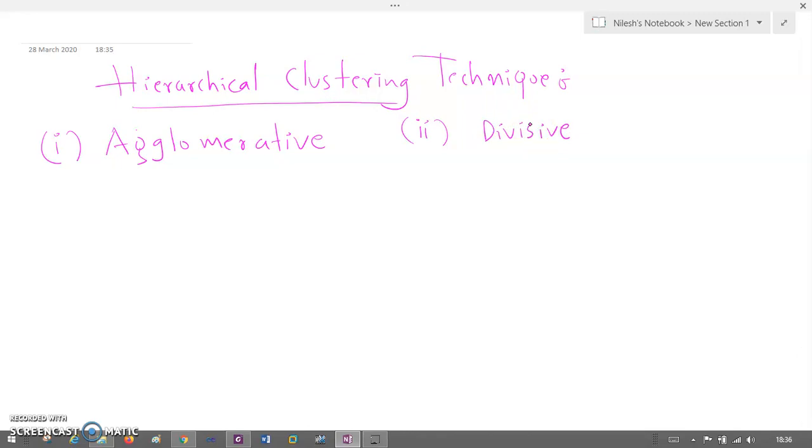Let's first understand this agglomerative technique. In the agglomerative hierarchical clustering technique, initially each data point is considered an individual cluster. If I have 5 points, 1, 2, 3, 4 and 5, then 1 is a cluster, 2 is a cluster, 3 is a cluster, 4 is a cluster and 5 is a cluster. They are individual clusters.